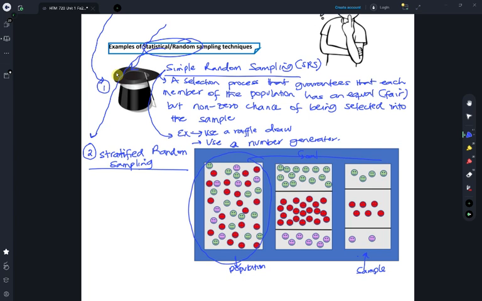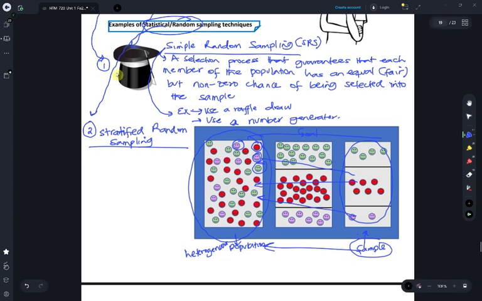But what we immediately notice at the beginning of the process is that this is a heterogeneous population. That is, it has units that have distinctive characteristics. You have the red faces, the purple faces, the green faces, and our goal is to select the sample from this population in such a way that the final sample reflects this heterogeneous characteristic of the population.